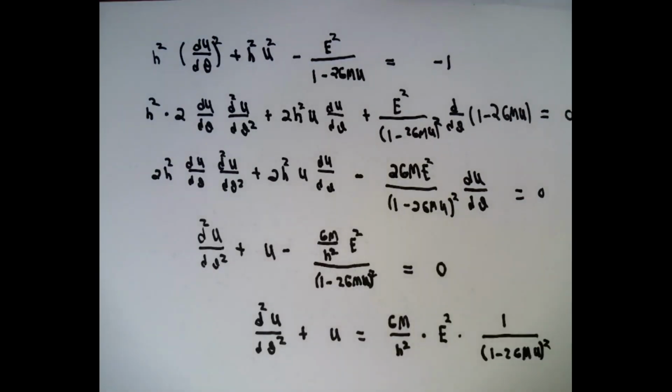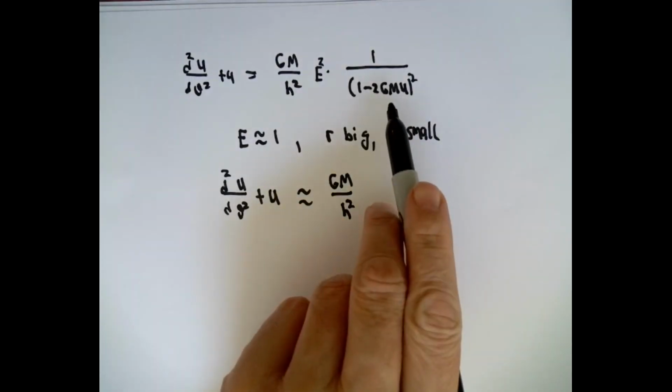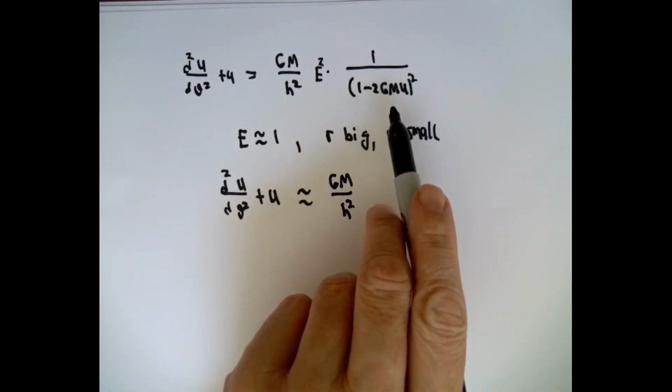In the toy model, the differential equation for the orbit of a planet is going to be the second derivative of u with respect to theta plus u is GM over h squared, E squared times 1 over (1 minus 2GMu) quantity squared. If r is big, u is small, and this fraction at the end is approximately 1.